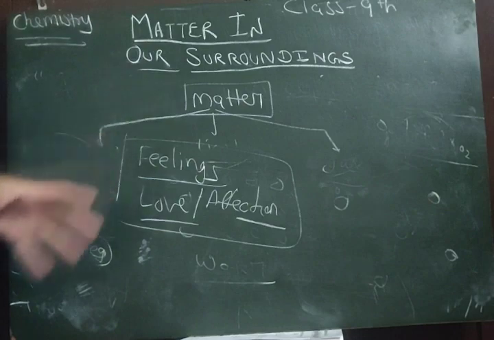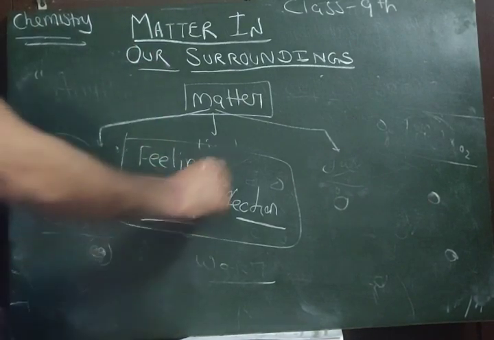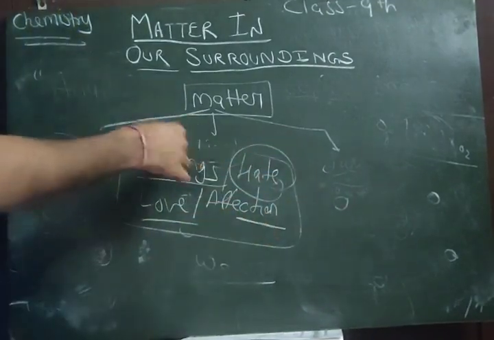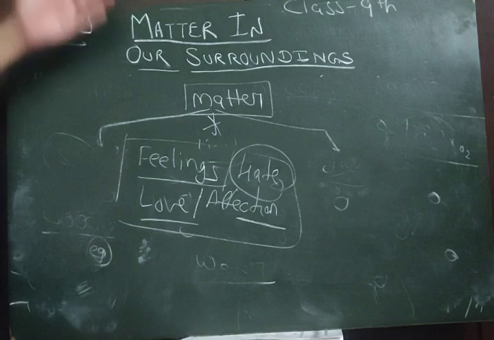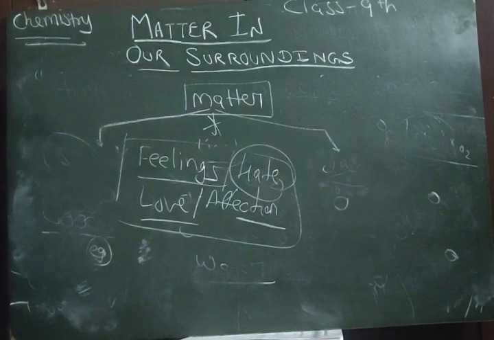They are just feelings to express. Hate is also not part of matter. So these are the portions we have covered: examples of matter and the things which are not matter.